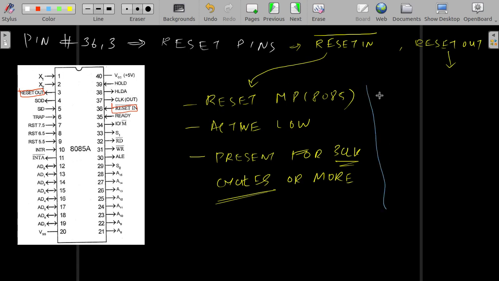So this is for resetting peripherals. This doesn't have a concept of active low or active high. Whenever reset in is going low, this becomes high.